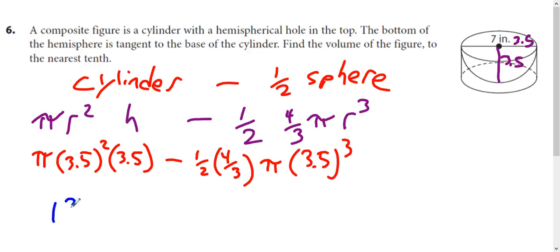So for the cylinder, it has a total volume of 134.6. And then the half of a sphere has a volume of 89.75, so we'll say 89.8.